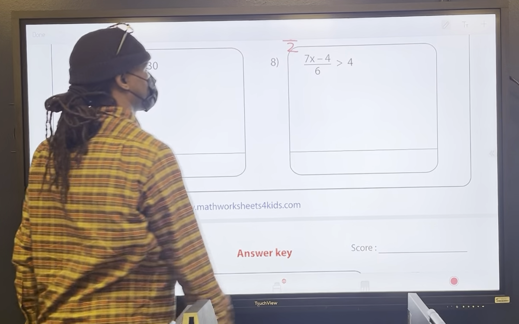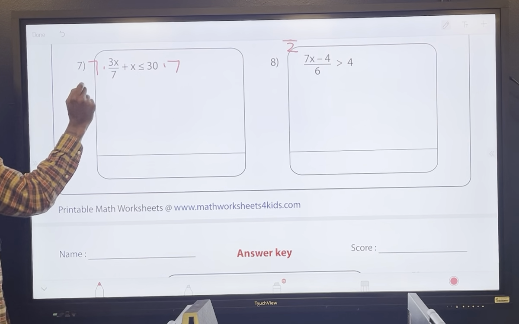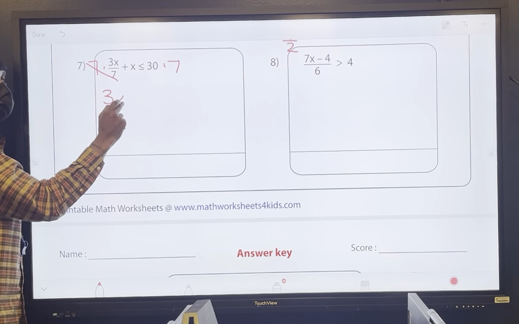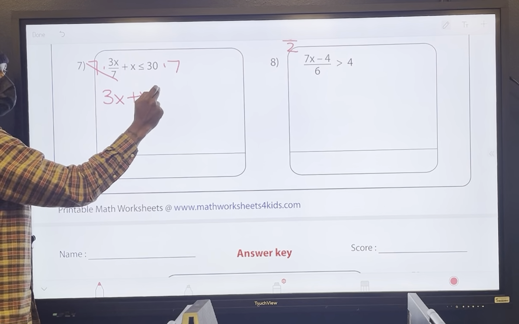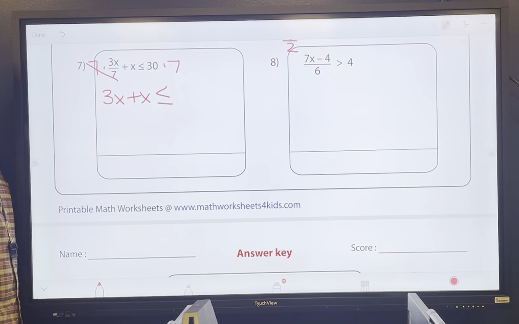Somebody talk to me. Multiply 7 by both sides. I like that. Multiply 7 on both sides. What happens to the 7? You cancel it out. Leaving me with 30 minus x, whoa, less than or equal to 30. 30 más 7. 200 y 10.